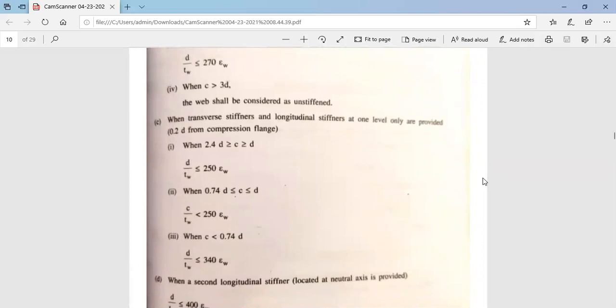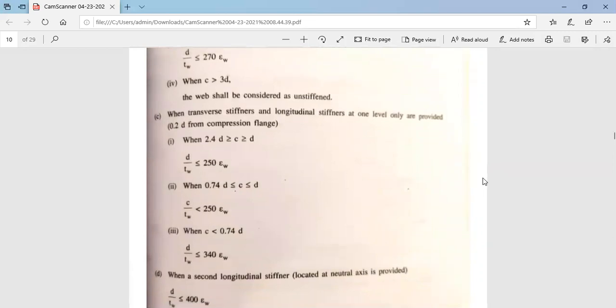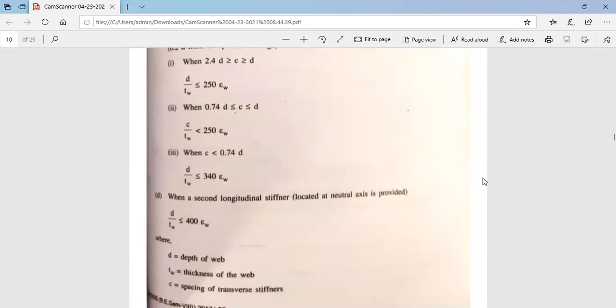Here, when transverse stiffeners and longitudinal stiffeners at one level only are provided at 0.2 D from the compression flange, when C is between 2.4 D and D, the D by TW ratio is less than or equal to 250E. When C is between 0.74 D and D, the C by TW is less than or equal to 250E. When C is less than 0.74 D, D by TW is less than or equal to 340E.